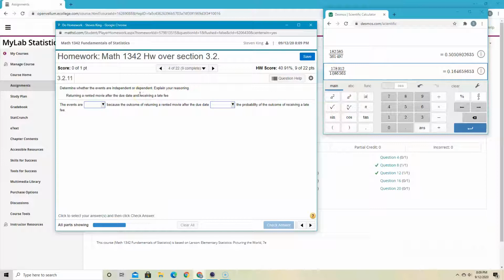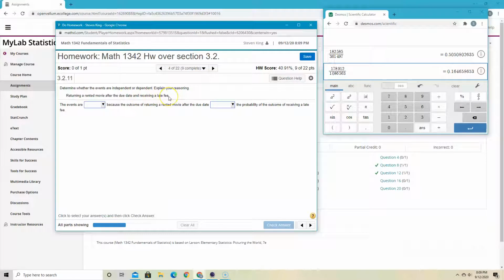Another way to say it is, does the probability of this second event change, meaning it may be a larger chance or a smaller chance of happening, if we know what happened on the first event, if this event has occurred? You returned a rented movie after the due date, that would influence this.